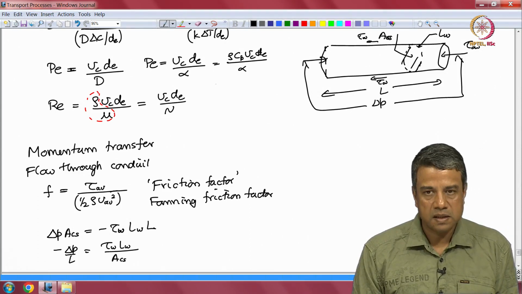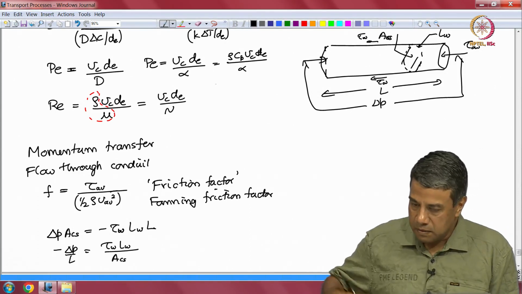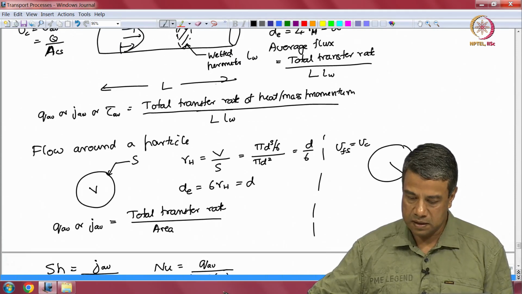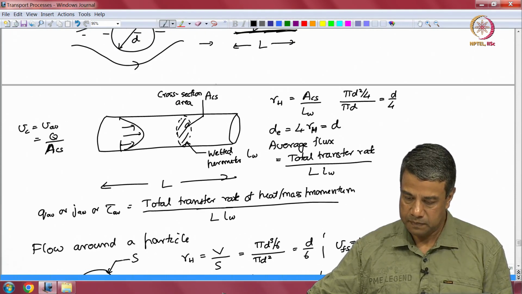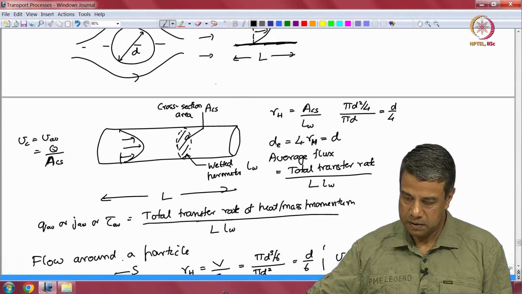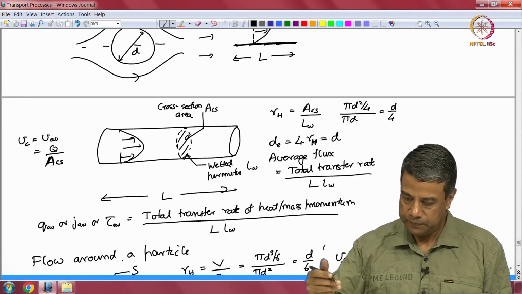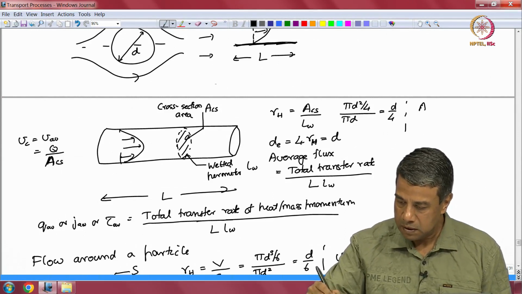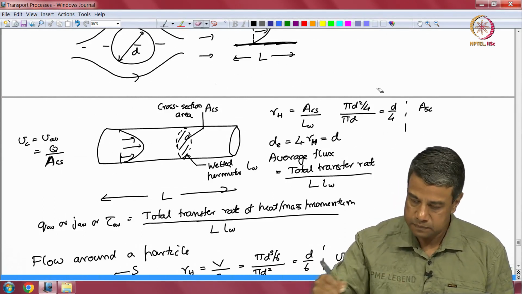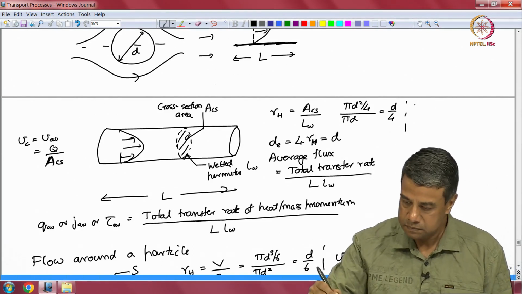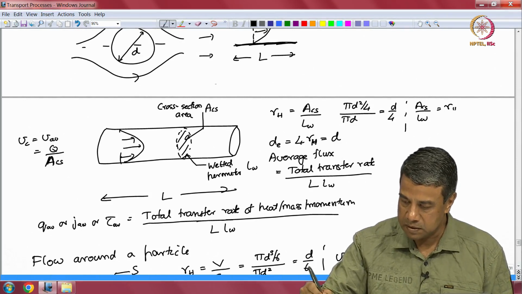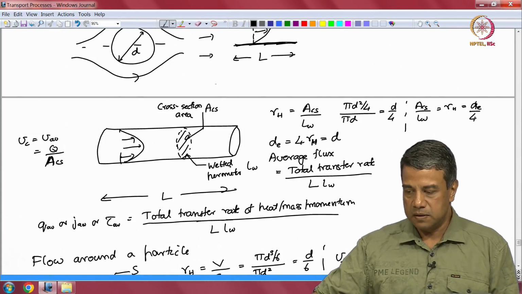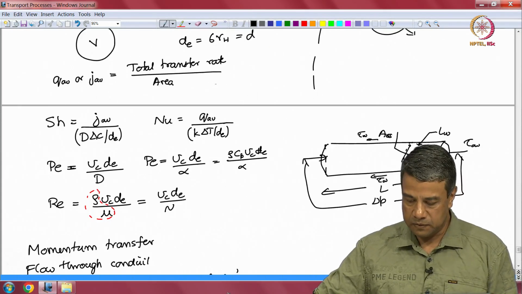Note that the cross sectional area divided by the wetted perimeter, ACS by LW, we had earlier seen is equal to RH, the equivalent diameter by 4.